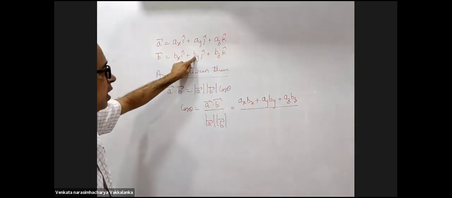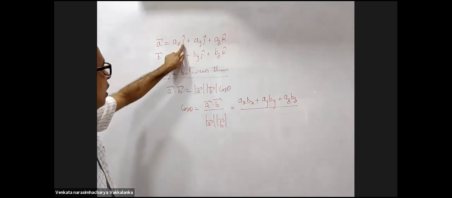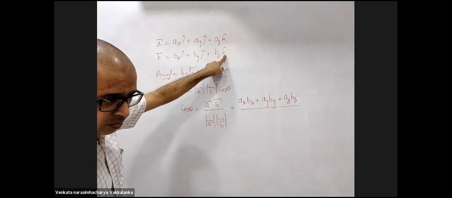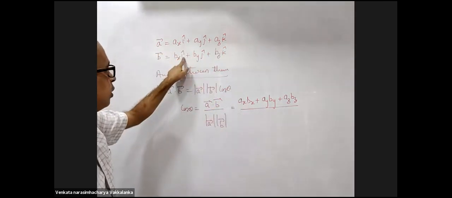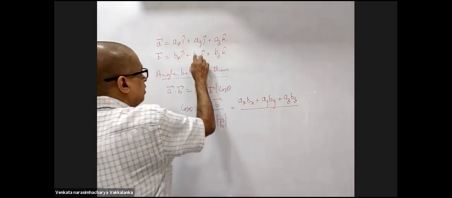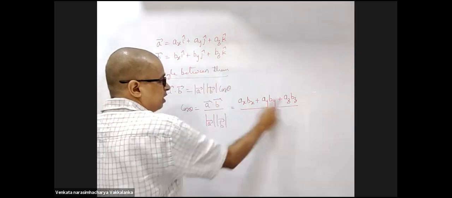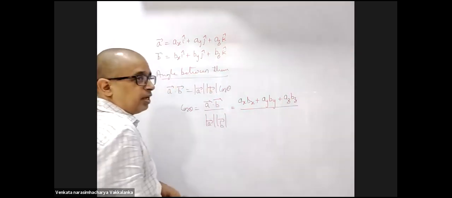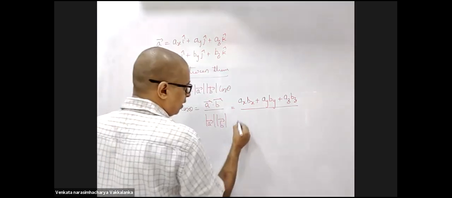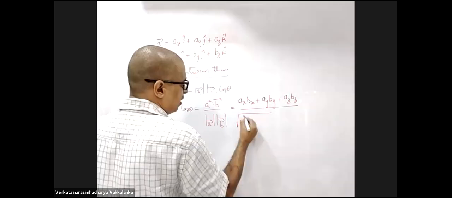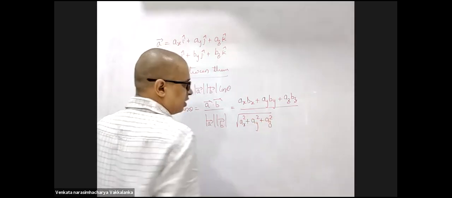Why didn't you multiply ax by by? Because i dot j is 0, and i dot k is 0. So it is ax into bx, since i dot i is 1, ay into by, since j dot j is 1, and az into bz, since k dot k is 1. Now the magnitude of A is root over ax square plus ay square plus az square.